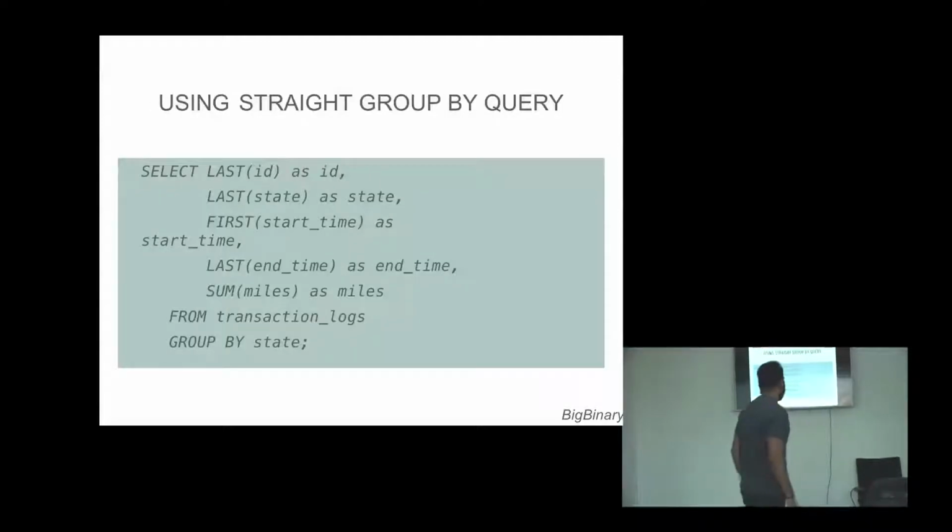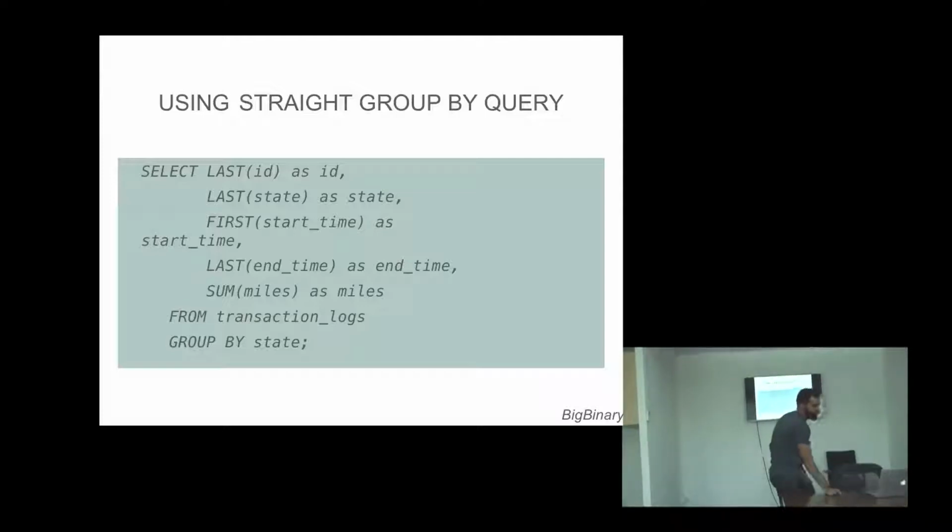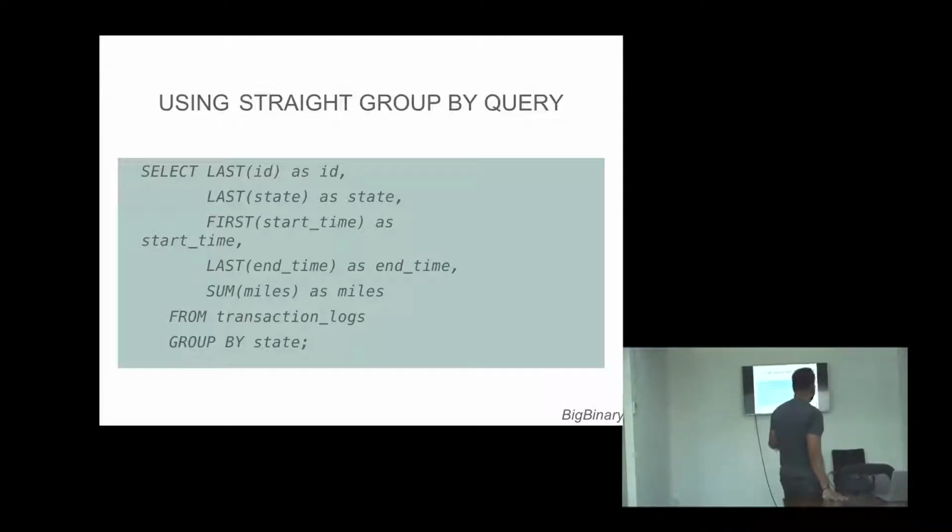Okay, so what if we use a group by query directly on this table? This is a general group by query, so we are grouping based on the state. Let's see how it works. What we are doing here is using the ID of the last record while retrieving, and we are retrieving the last state.